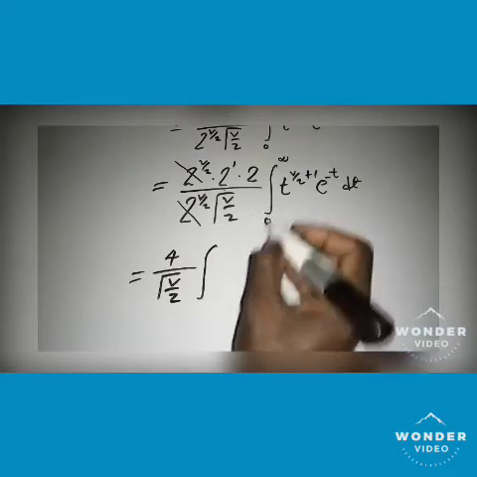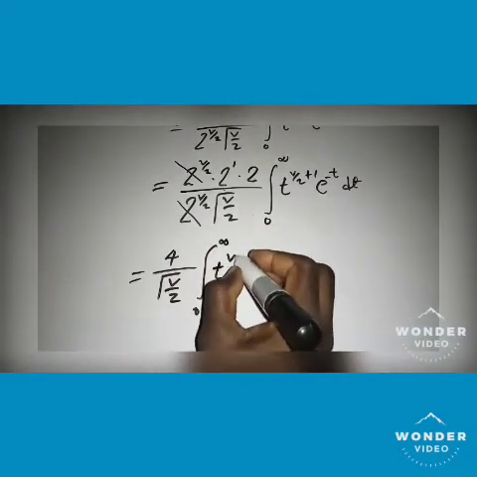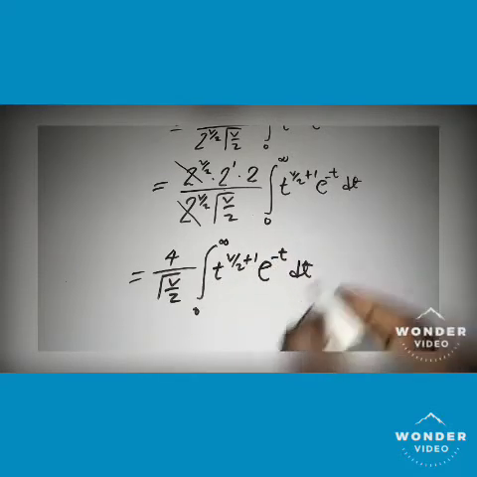Then the integral from 0 to infinity of t to the power of v over 2 plus 1, e to the power of negative t dt.